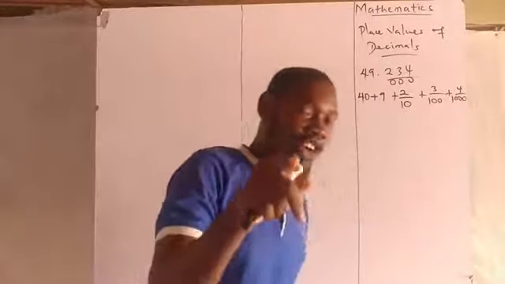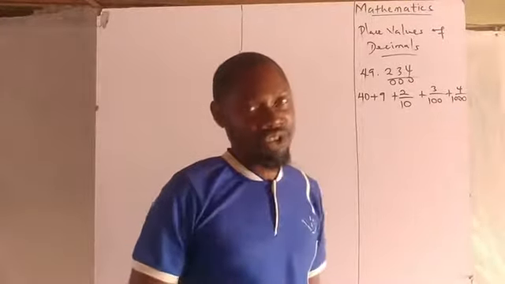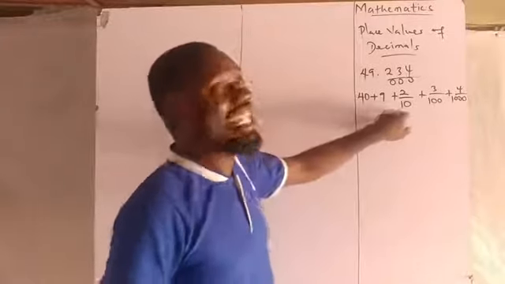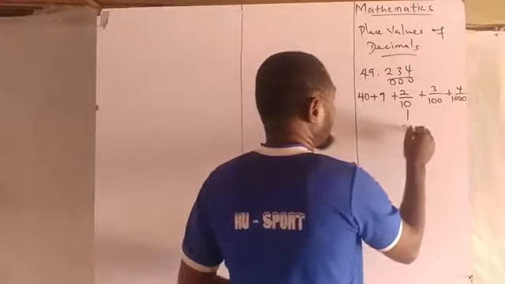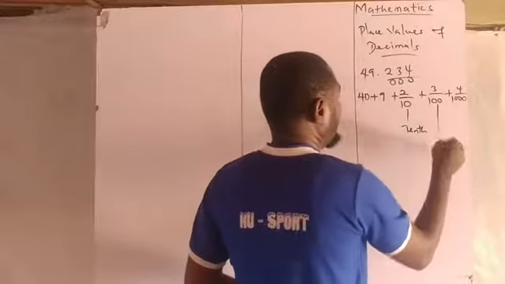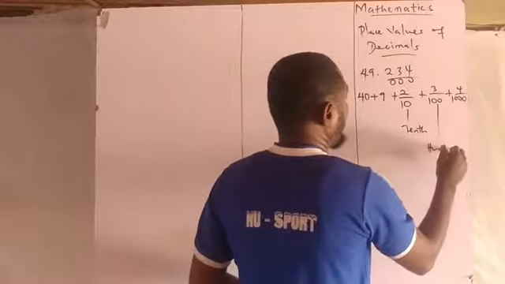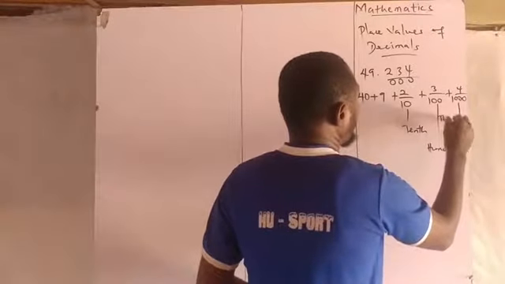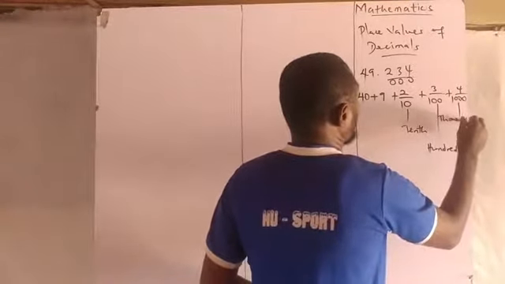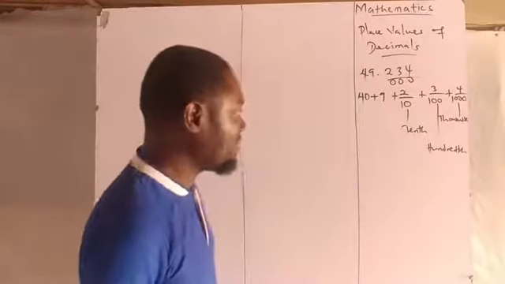You've also been taught the names of fractions. So this is tenth, this is hundredth, this is thousandth. You add TH to the spelling.